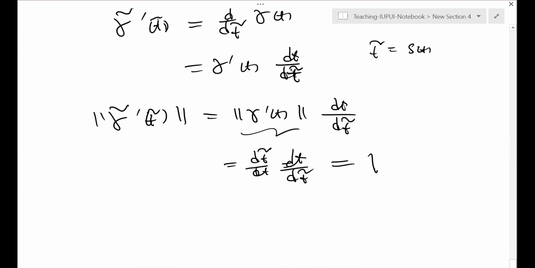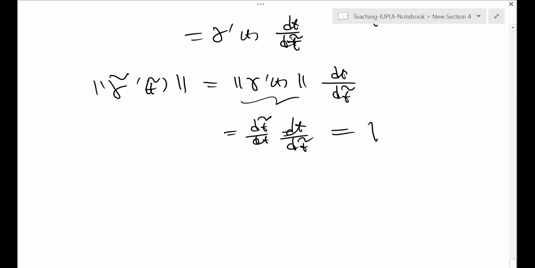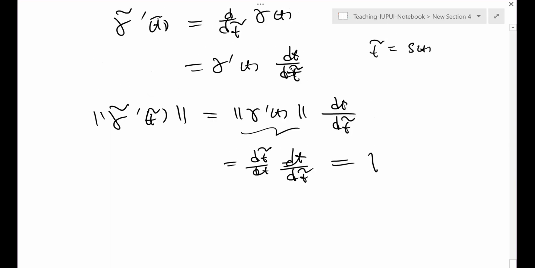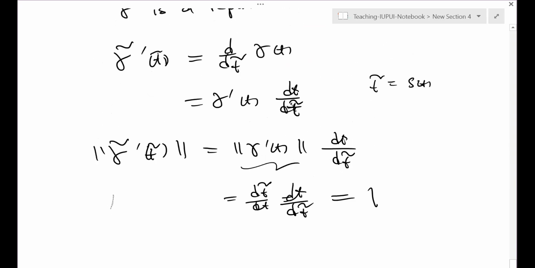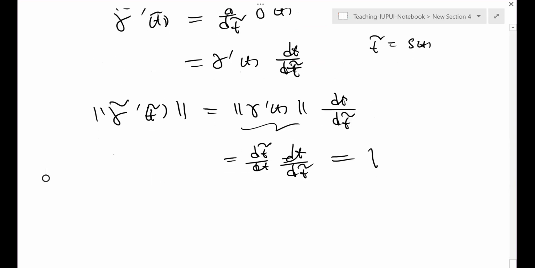Okay, so if you use arc length to reparameterize the curve, then this parameterization has unit speed. That's unit speed. Is it easy to find the arc length? Not easy, not always.